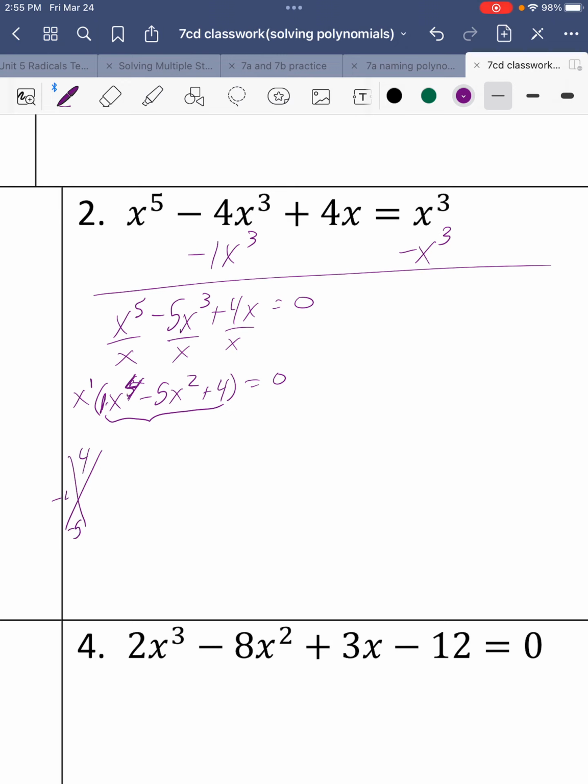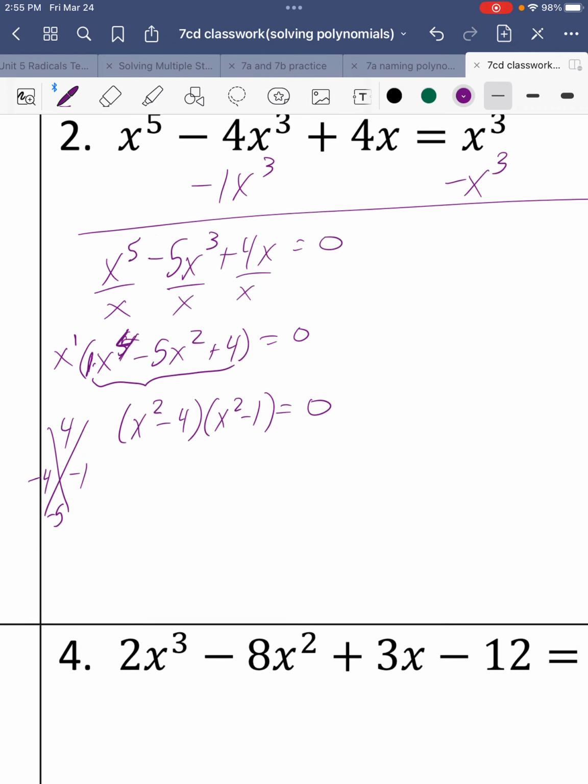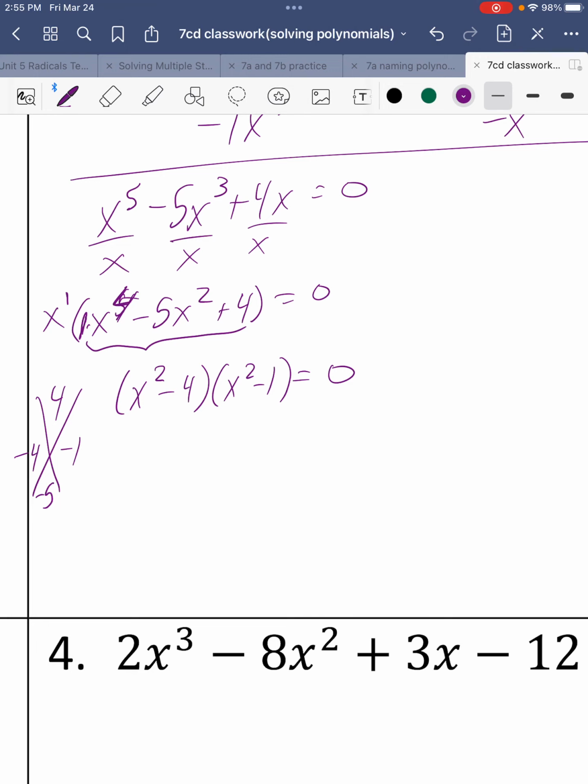So we have a is 1, so we do what two numbers multiply to c that add up to b, and that's negative 4 and negative 1. So we have x squared minus 4 and x squared minus 1. You can do what I taught you: you can square root the first term and square root the second term, with a subtraction in the middle.